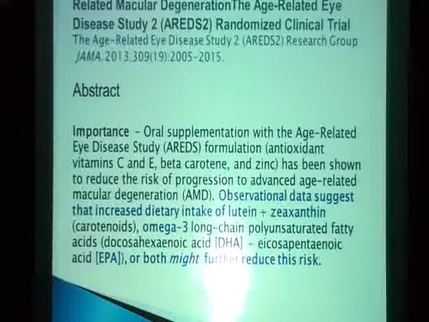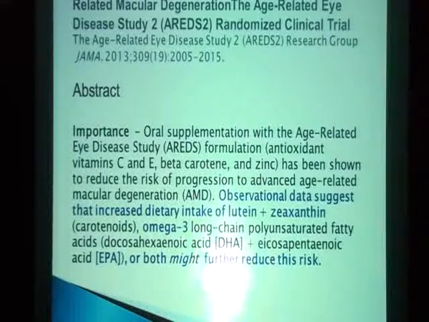So anyway, here we have an abstract about lutein and xanthine and omega-3 fatty acids for age-related macular degeneration, the AREDS 2 study.